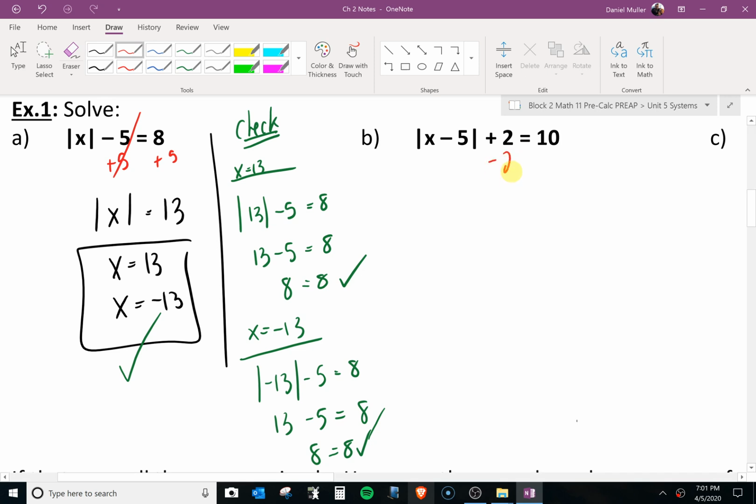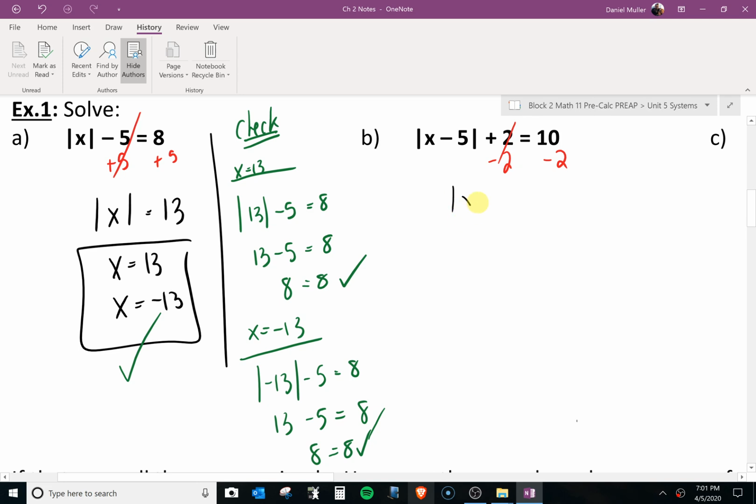So let's try here. We're going to minus the 2 over. So the absolute value of x minus 5 is equal to 10 minus 2, which is 8. Now, there are multiple ways to think about this, which I know is frustrating.